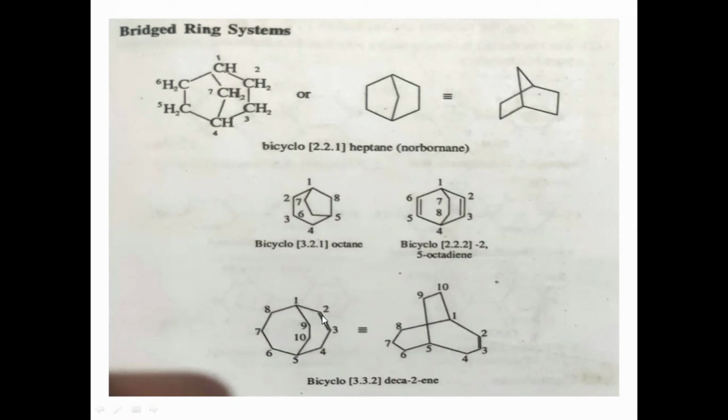See, 1, 2, 3 in this ring, and on this side 8, 1, 2, 3. So 3, 3, and the middle 9 and 10, those 2 carbon atoms. So 3.3.2. There are 10 carbon atoms in the parent alkane. So decane. So deca, hyphen 2, ene.